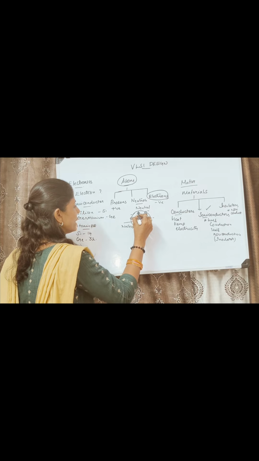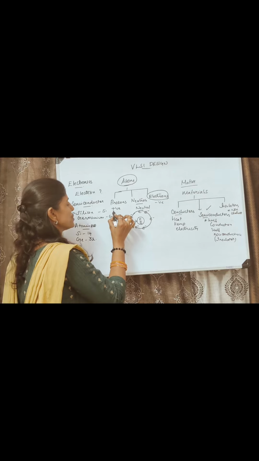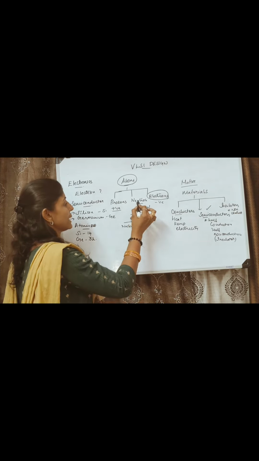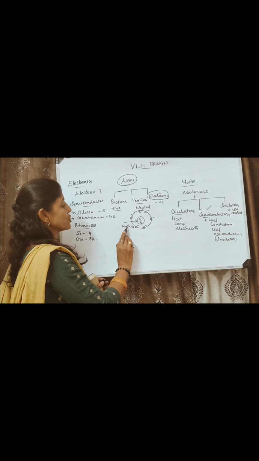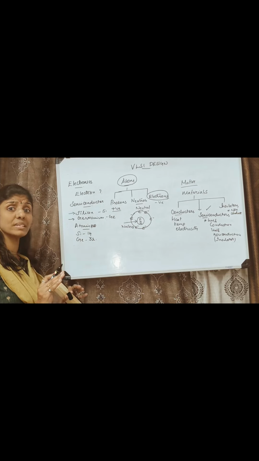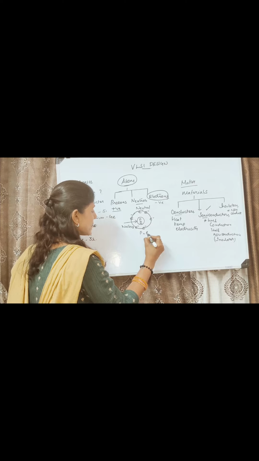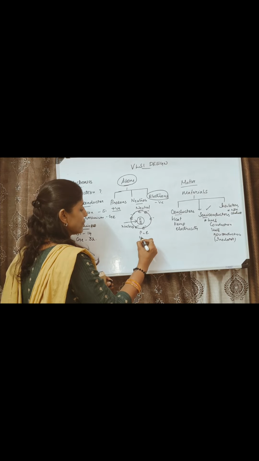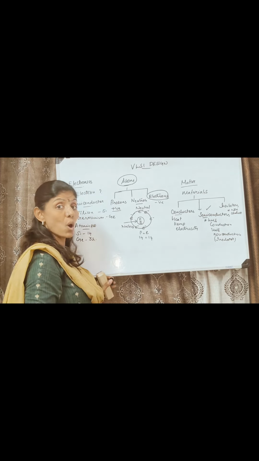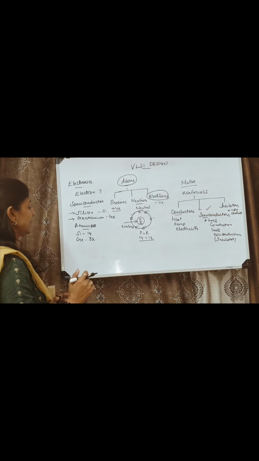Already I said the proton is a positively charged particle, the electron is a negatively charged particle, and the neutron is neutral. The atom is always neutral, which means the number of protons equals the number of electrons. For example, if the number of protons is 14, the number of electrons is also 14, right? That's why an atom is always neutral.